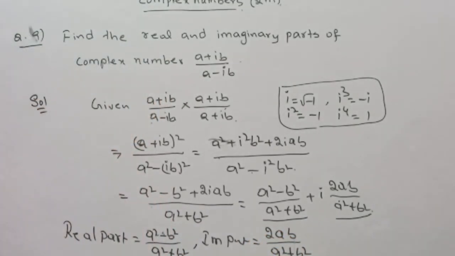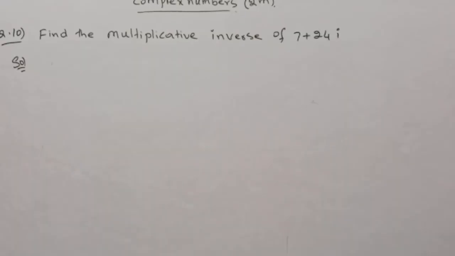Okay, all of you. That's all. Real part of the given complex number, imaginary part of the given complex number. That's okay. Here one more problem from complex numbers for IPE.